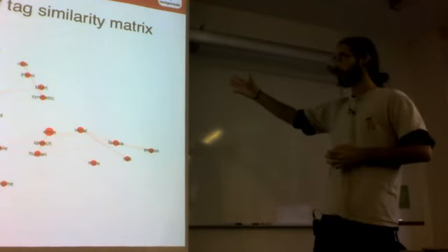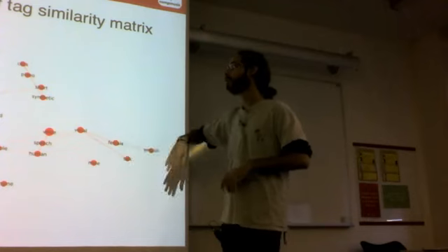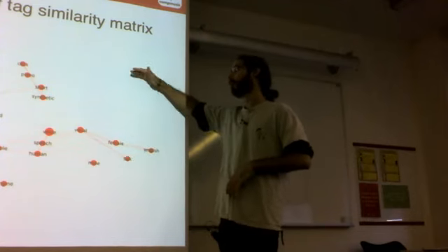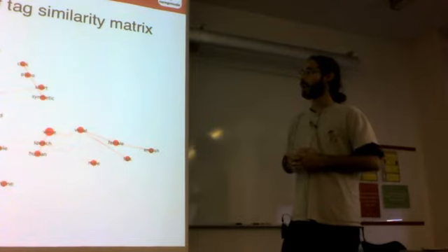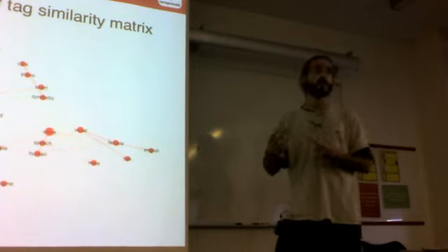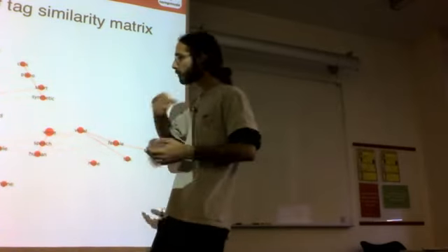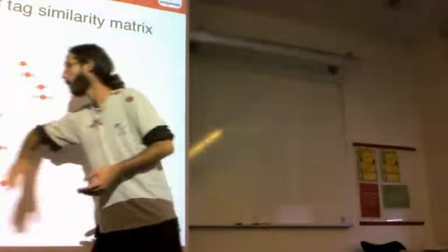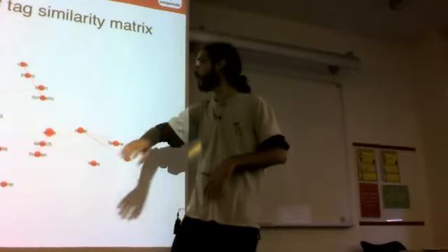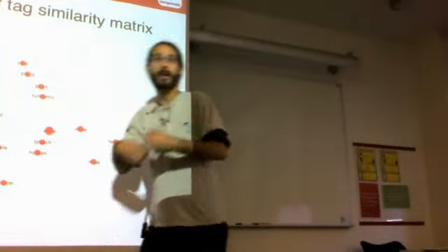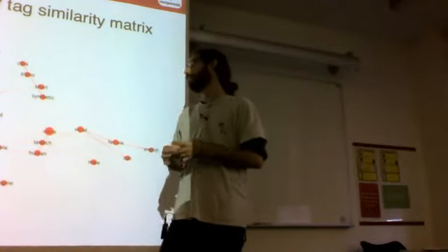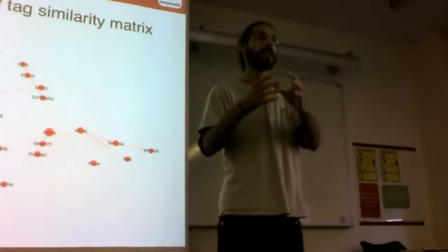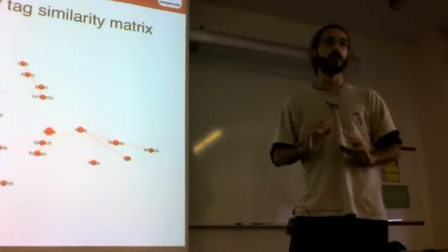Another thing that I've tried and haven't shown here is to represent these tags hierarchically. In this case, field recording would be one of the higher tags, because there are a lot of less used tags that are highly related to it, and we can infer that they are part of field recording.